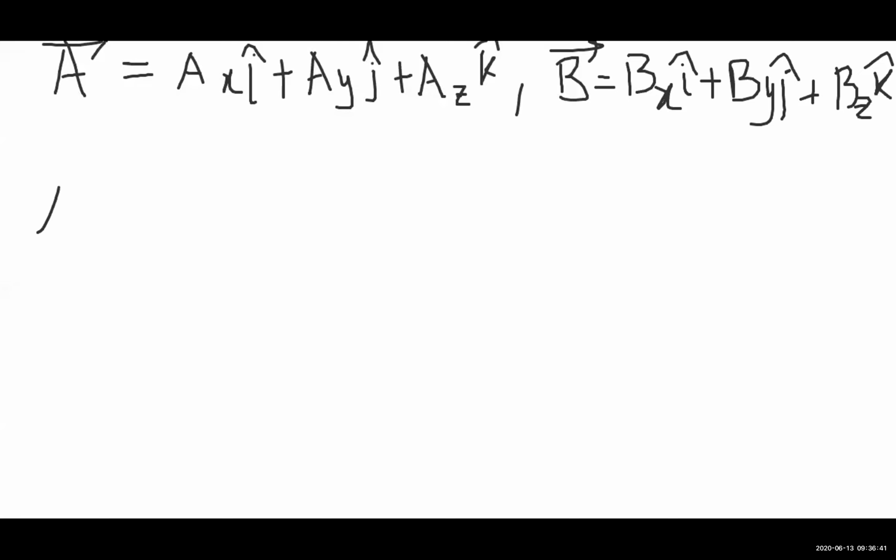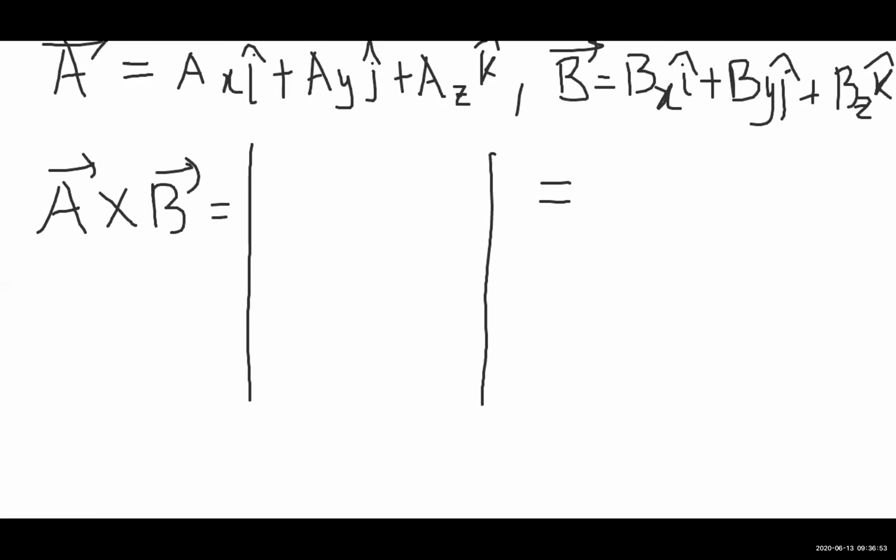Then A cross B is equal to the value of a determinant. The first row of the determinant must necessarily be i cap, j cap, k cap in that order.